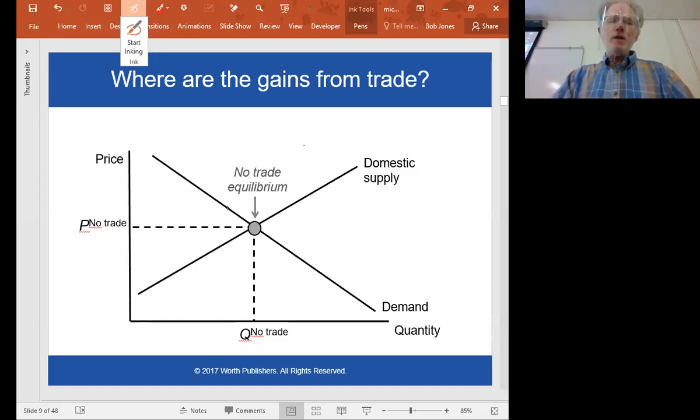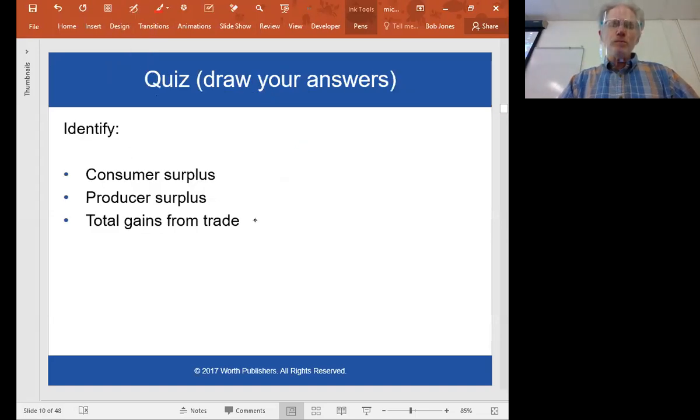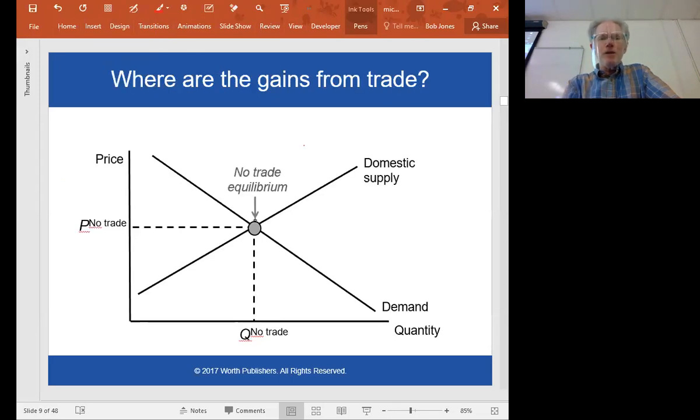Well, then you've got a demand curve, a supply curve. On the previous graph, I want you to draw the graph, identify the consumer surplus, the producer surplus, and the total gains from trade. And so this is the graph you want to draw.